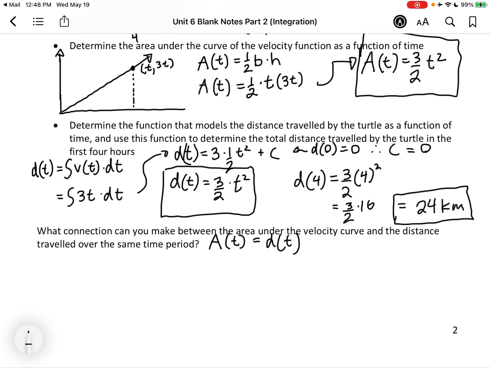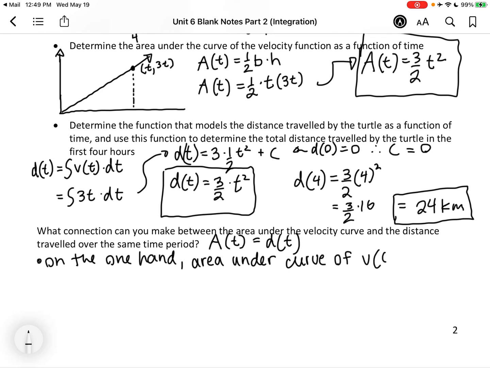Okay, so on the one hand, the area under the curve of velocity is equal to 3 over 2 t squared. Okay.